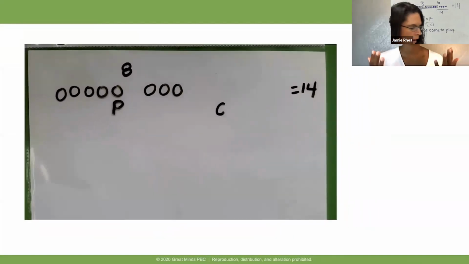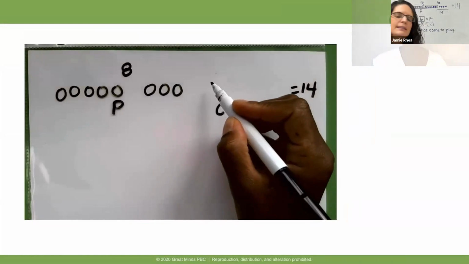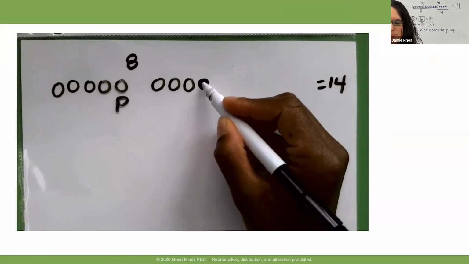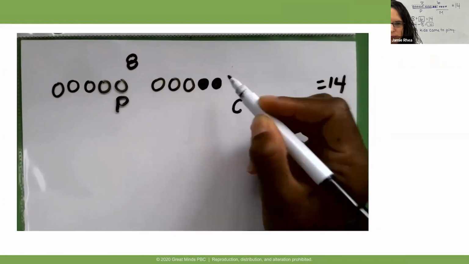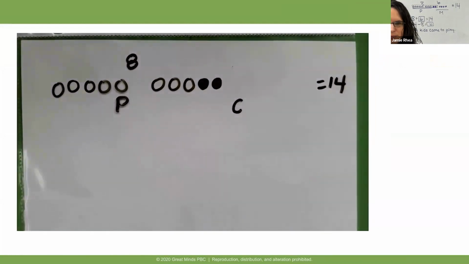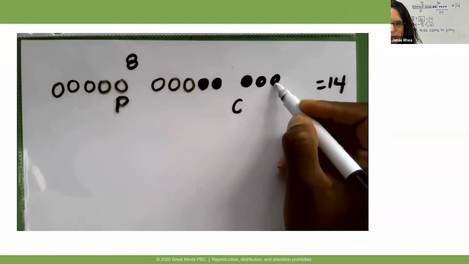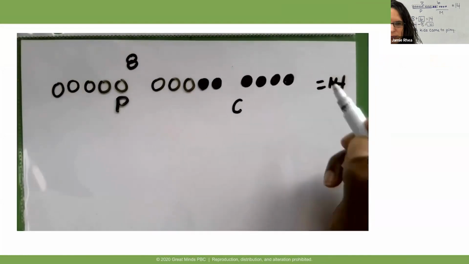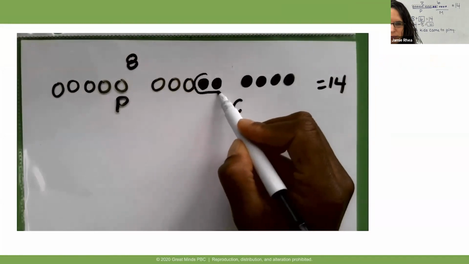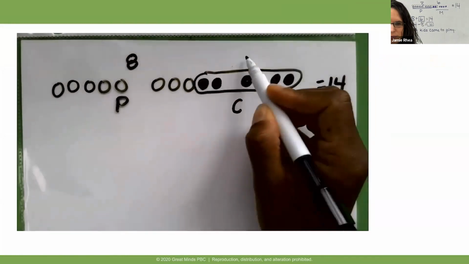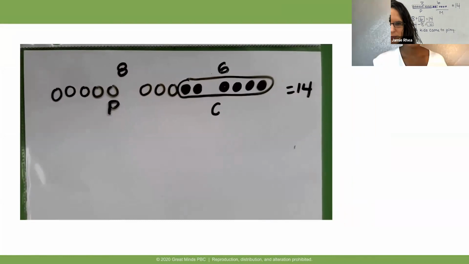I know I can make 10 to find that part. I know I need 2 more to get to 10. And I need 4 more to get to 14. 2 and 4. That's 6.